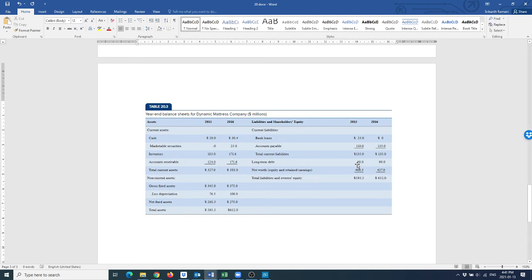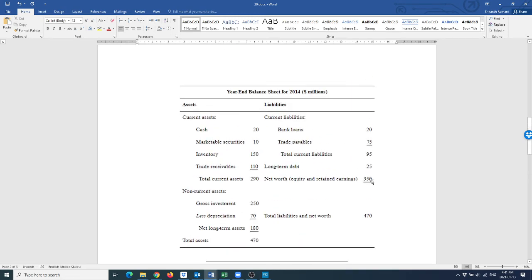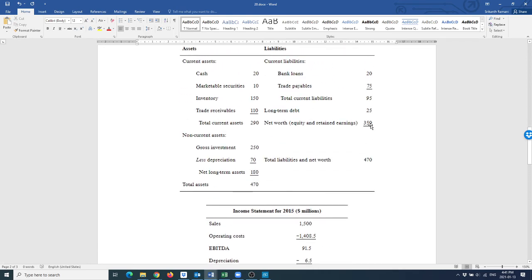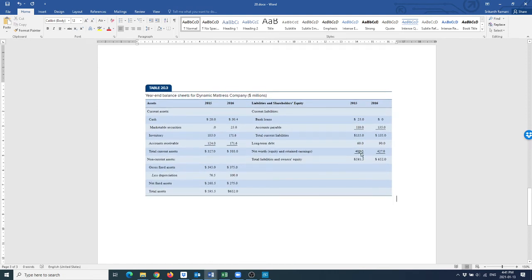From 350, $10 were added to retained earnings, so it should be 360 next year if you did not sell any extra shares. From 360, it actually increased to 400.5, so that was a net increase of 40.5.